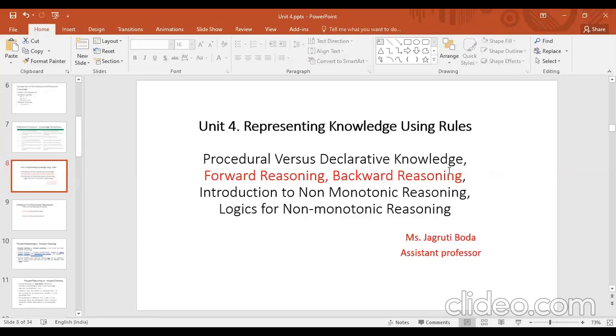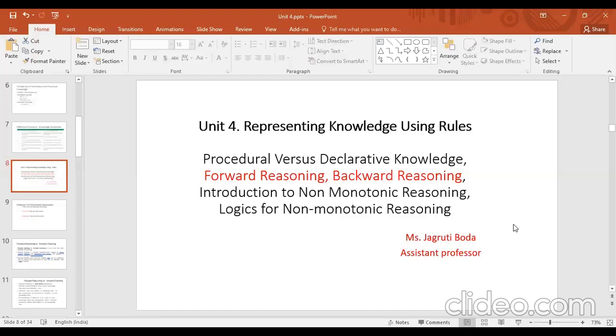Why is reasoning required in AI? To get the answer. Yes, in a logical way we have given our knowledge to our system, right? Now I require an action to perform or solve our problem. So reasoning is to understand the logic and provide a suitable action to solve your problem.